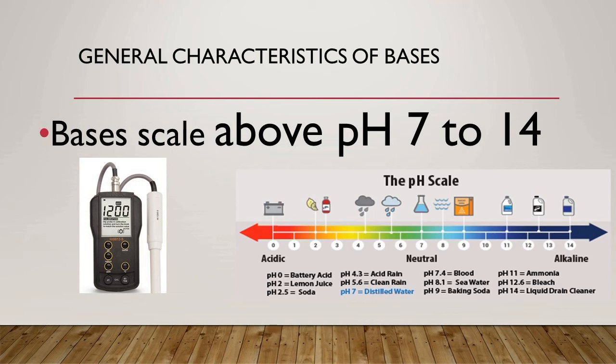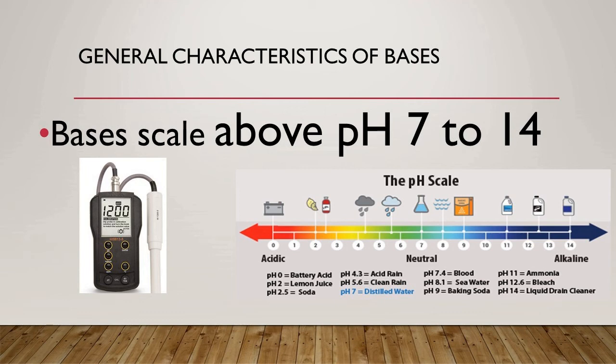For an acid, the lower the pH level, the stronger the acid is. For example, pH 0 is stronger than pH 5. On the other side, with the base, the higher the pH level, the stronger the base is. For example, pH 14 is a stronger base than pH 10.